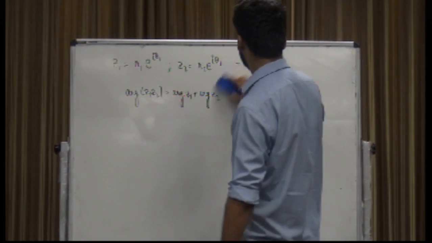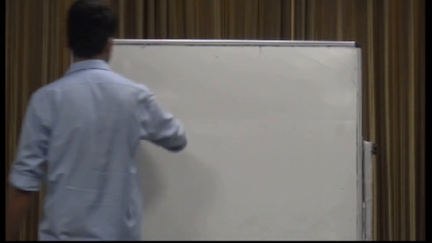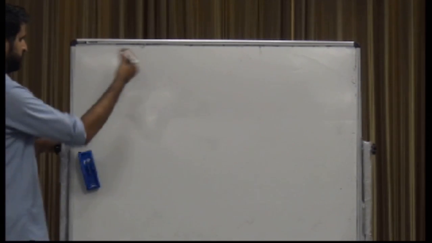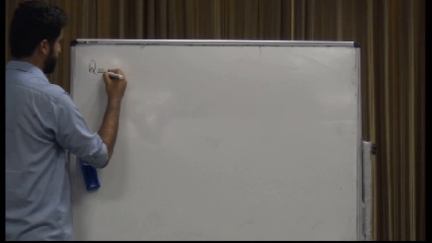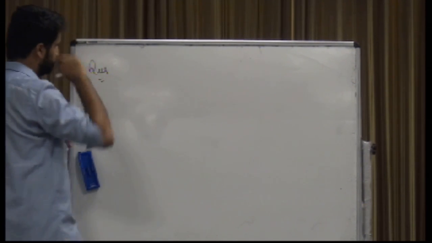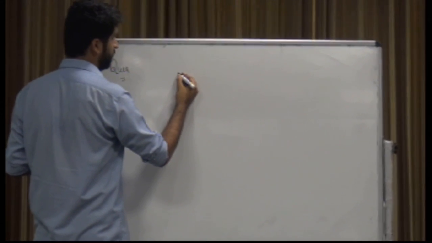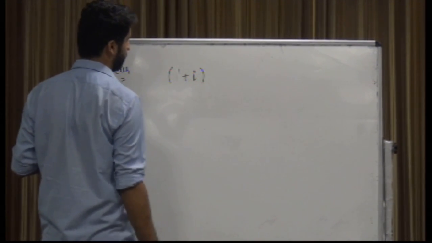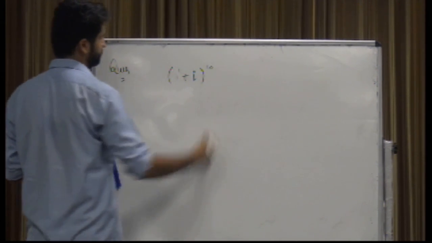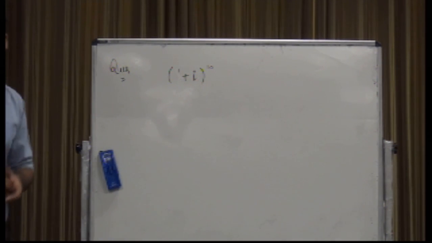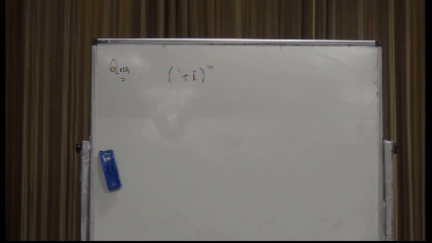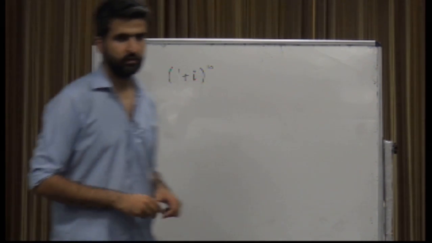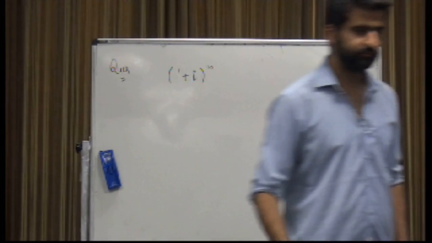So next is, what if you have this thing? 1 plus iota to the power 10. Can you calculate? How? Without actually expanding this.